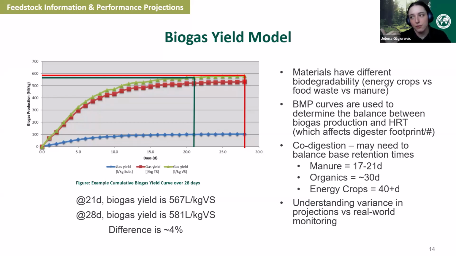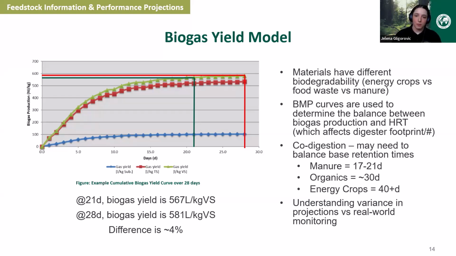So if you're not very familiar with reading biogas curves, essentially the retention time of a digester is modeled in the lab, and you'll see at the bottom it has days up to 28 days for the sample, and then the biogas production listed in liters per kilogram VS on the y-axis here. So to read it, you take the retention time, you read up and you look at the biogas yield at that retention time for the substrate.